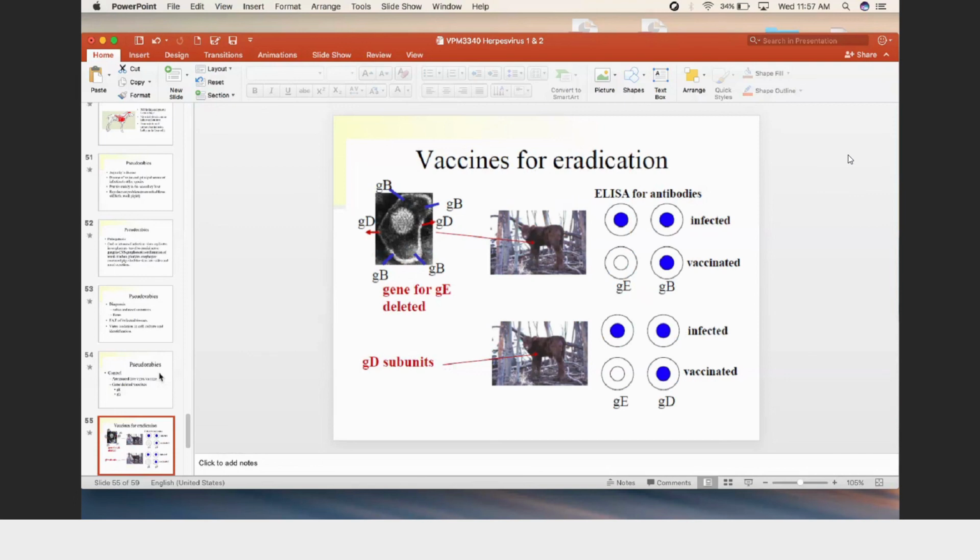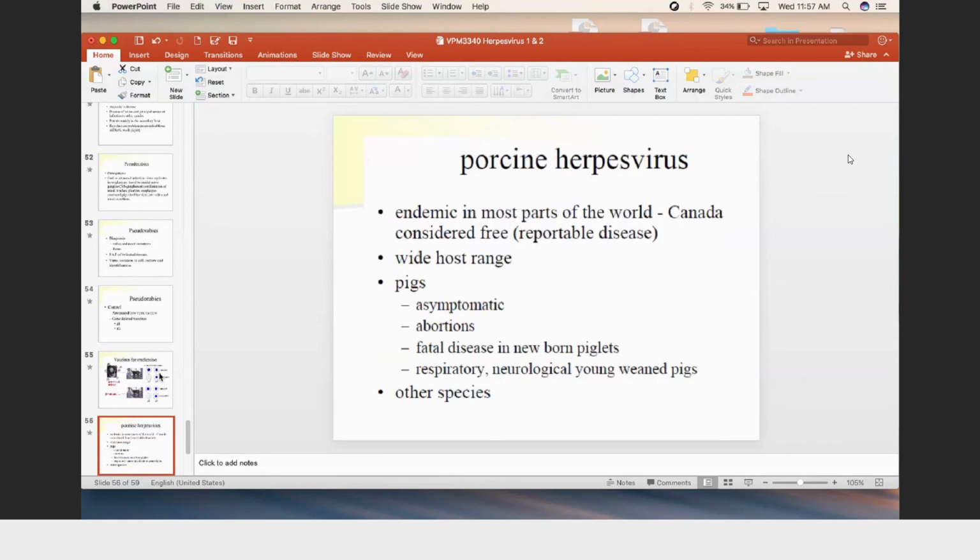By doing this, you can differentiate infected animals, even though they already recovered, from vaccinated animals that are not infected. The reason we do this is that if we would like to come up with a disease eradication program, it is possible. Because animals that were infected, even though they recover, still carry the latent virus. So you need to eliminate these animals.